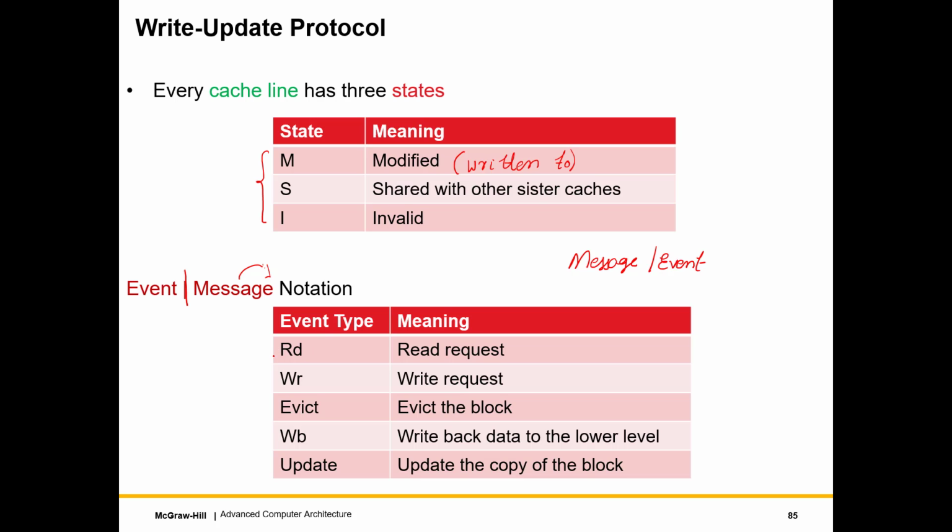So RD is a read request, WR is a write request. Evict means that there is a need to evict the block. Write back is we write it back to the lower level, and update is that we receive an update on the bus which sets the value of a certain variable. So let's say it sets x to 5. We quickly update the local copy of x to 5.